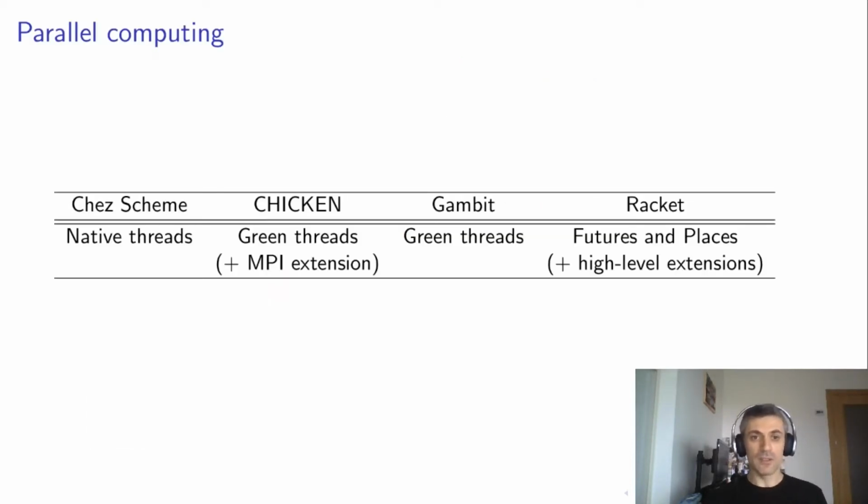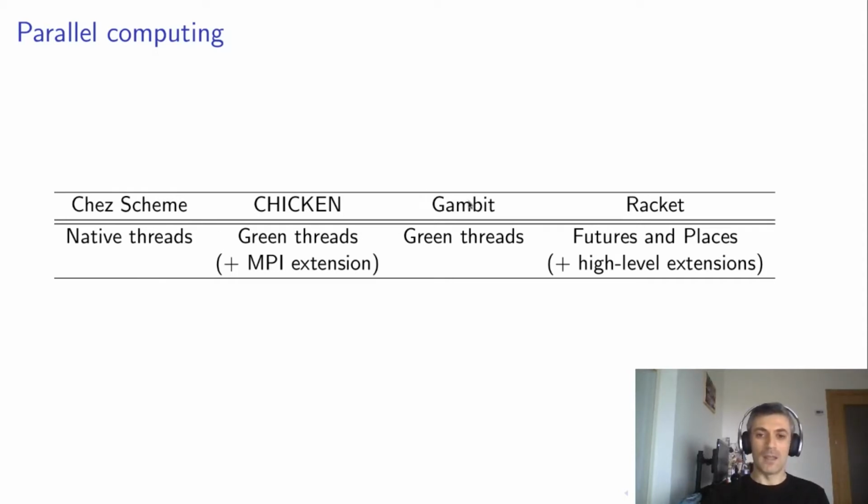Besides efficiency, parallel computing is also an important aspect for a language used for scientific computing. Racket, for instance, provides futures and places for parallelism, plus high-level extensions like parallel maps that are very handy. Chez Scheme also implements native threads for different architectures, but it so far lacks high-level parallel forms, so it's more difficult to use.